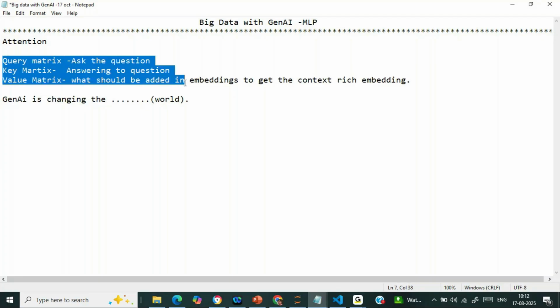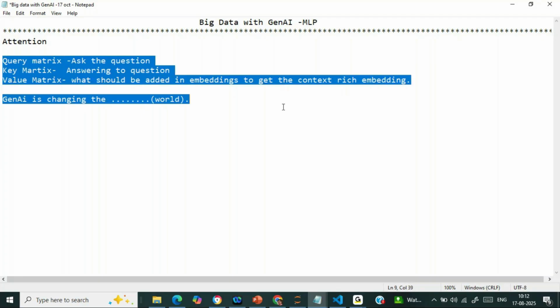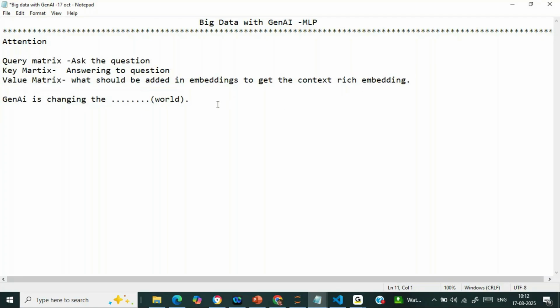And these things are given by these three matrices, and once we have done the calculation, it contributes around 58 billion parameters, which is part of the total 175 billion parameters in GPT-3.